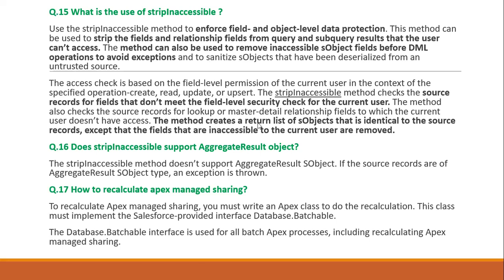The method creates and returns a list of sObjects that is identical to the source records, except that the fields that are inaccessible to the current user are removed. stripInaccessible does not support AggregateResult objects. It throws an exception if the source records are of the AggregateResult object type.